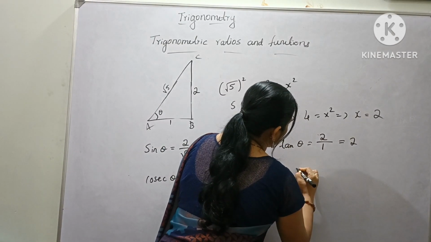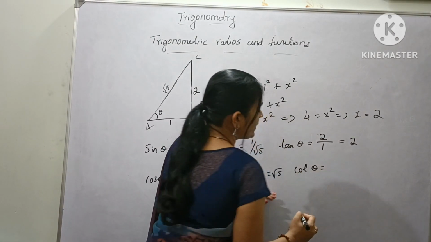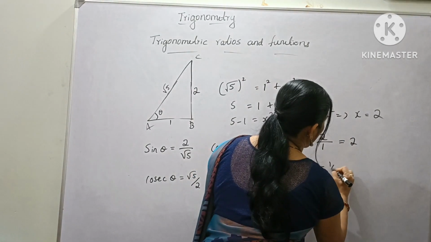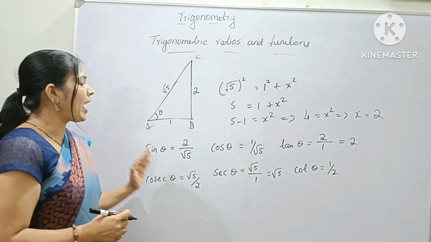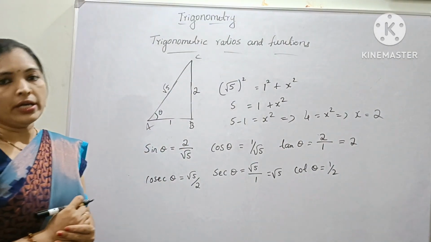Next tan theta reciprocal is cot theta, that is equal to 1 by 2. See, now we have got all values of trigonometric ratios.